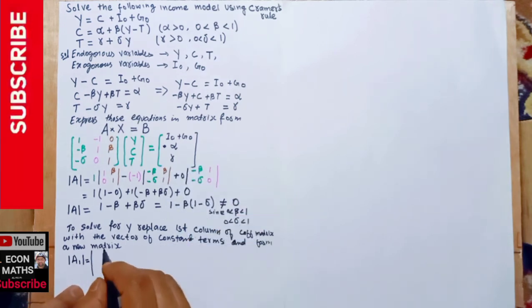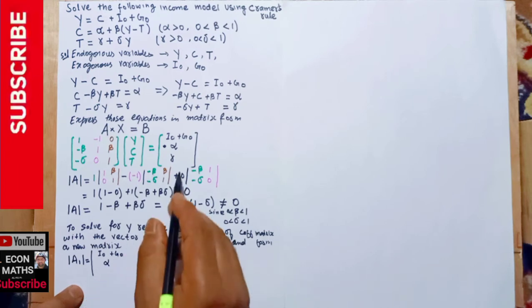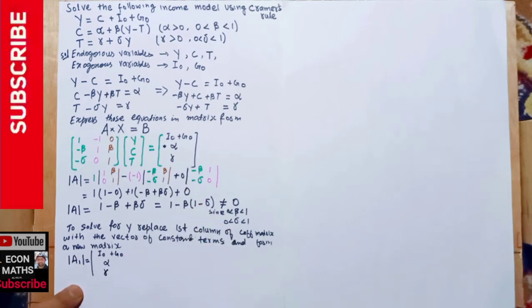So our new matrix is I0 plus G0, alpha, and gamma. Now these two columns will remain the same. So this is -1, 1, 0, and this is 0, beta, and 1.